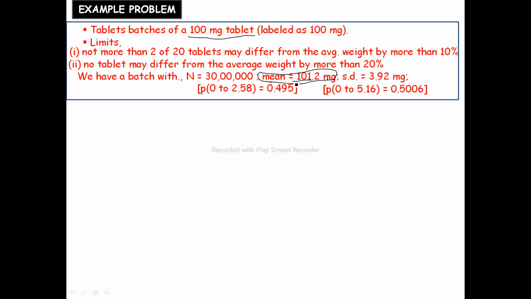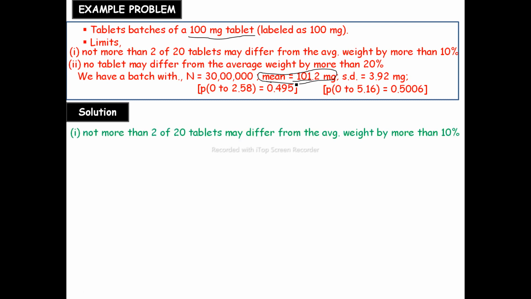Now we'll check out the solution. Over here, the first limitation was that not more than 2 of the 20 tablets may differ from the average weight by more than 10%. Not more than 2 of 20 tablets means not more than 10 of 100, that is 10%.